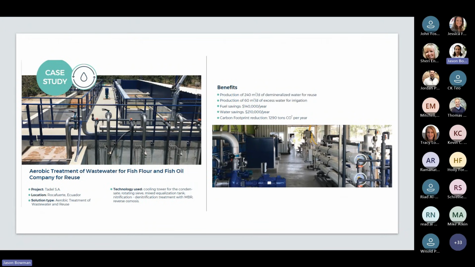And as you can probably imagine, coming from fish processing, the organic nitrogen and phosphorus concentrations with this specific condensate were quite high. We had COD values reaching 8,000 milligram per liter, and total nitrogen values reaching 300 milligram per liter. So our industrial wastewater group developed a split feed denitrification nitrification process using a membrane biological reactor.